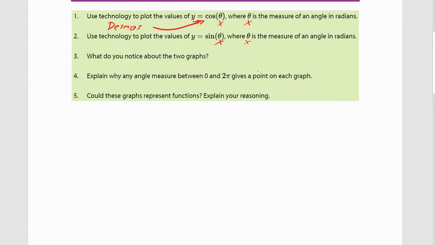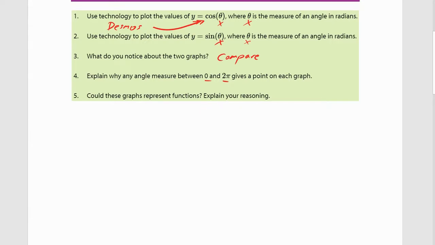What do you notice about the two graphs? So definitely compare the two, okay? And explain, so number 4, explain why the angle measures between 0 and 2 pi gives a point on each graph. Could these graphs represent functions? Explain your reasoning.